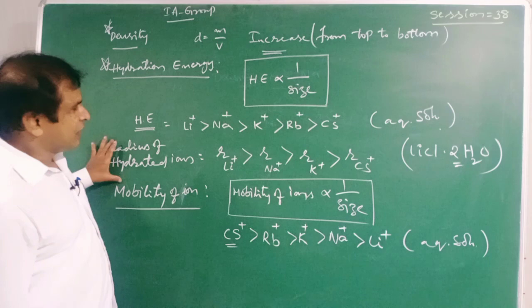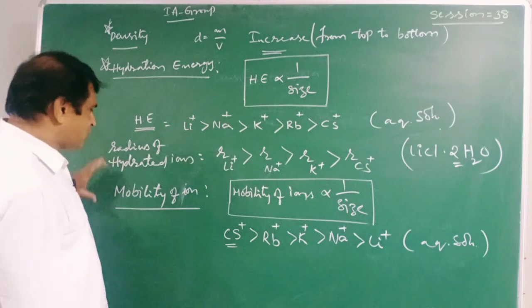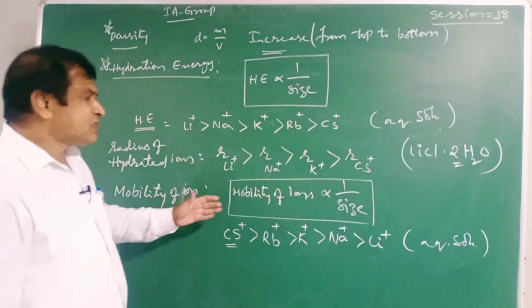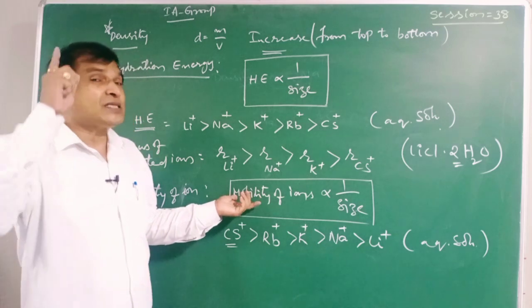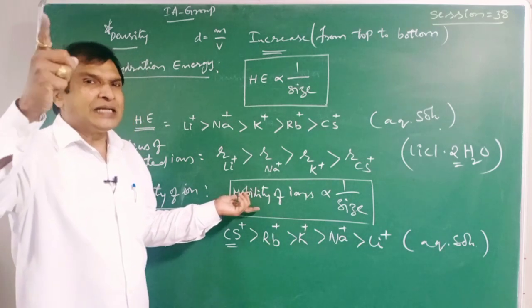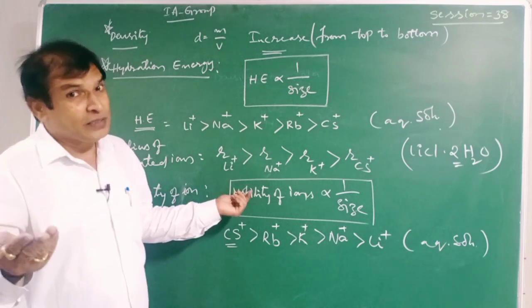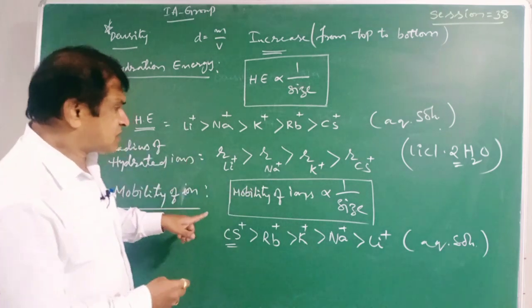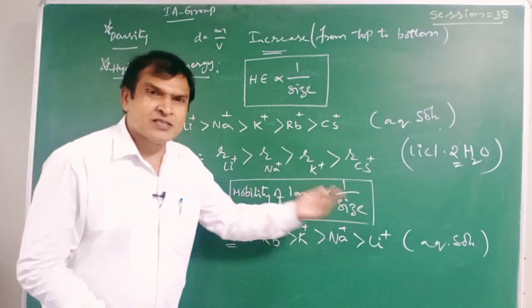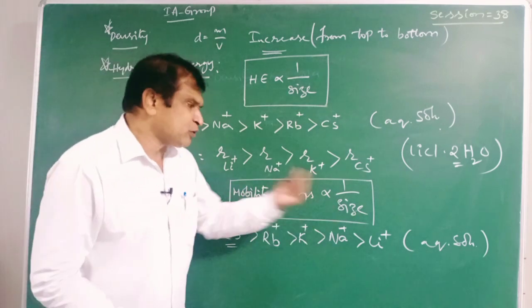So the size of the hydrated cations is mentioned. Then mobility. What is the concept of mobility? Conductivity is directly proportional to mobility. So mobility is inversely proportional to the size.